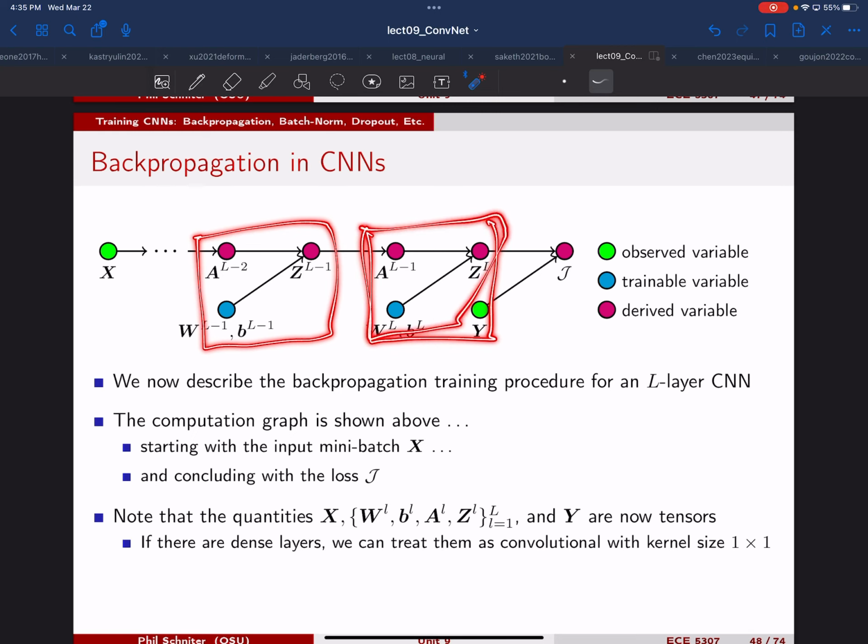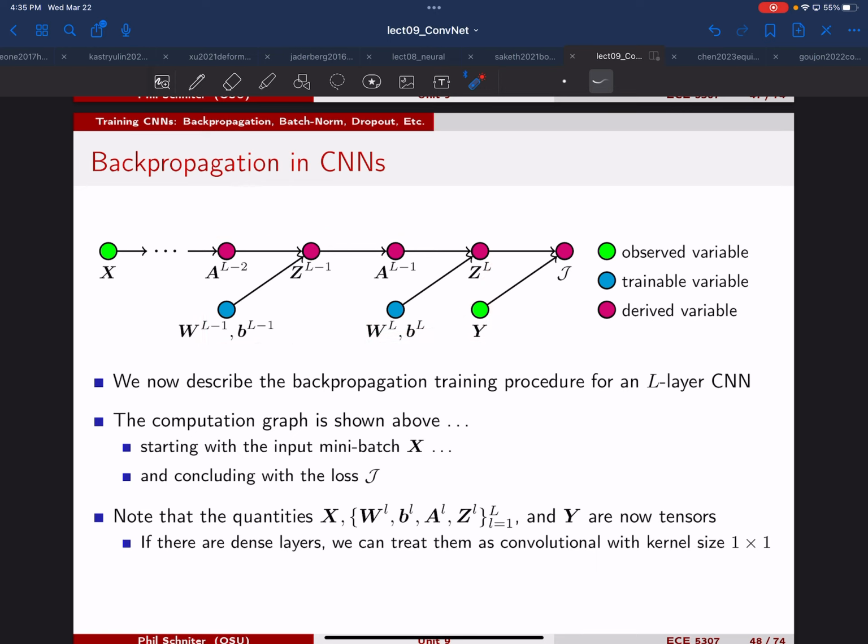So we have now many more layers, possibly many more layers. So we're going to use L to determine the number of layers. You can see these are the activations in layer L-2, L-1, and so on. And this means that there's many more of these here, but I'm just not drawing them all.